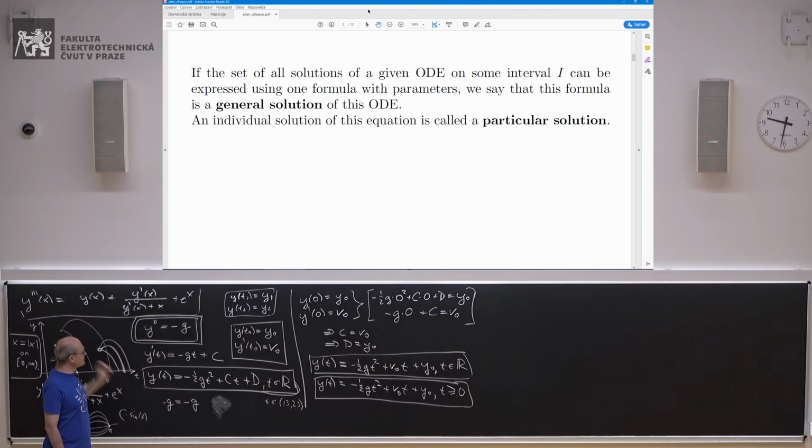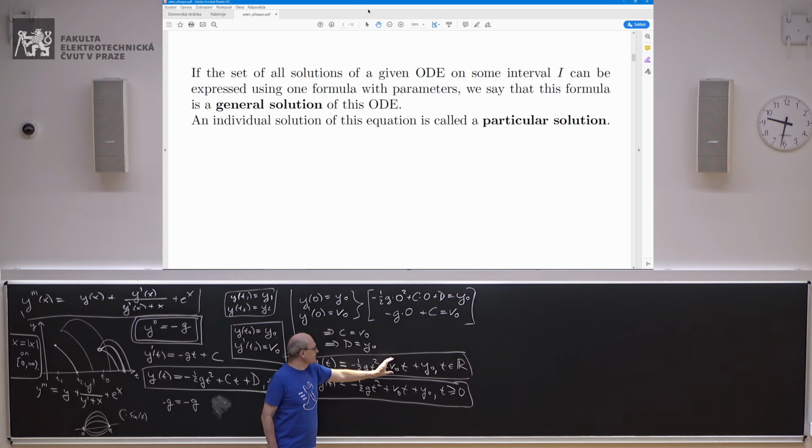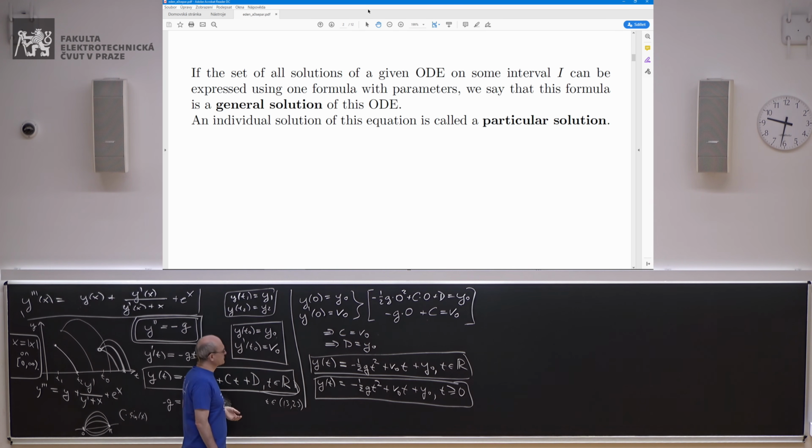This is probably the simplest differential equation you can think of. Other differential equations are much tougher to solve, and sometimes you are lucky if you look at the solution, you work for 2 days, and you get one specific solution. So there are other ways to get a particular solution, not through this general one, but then your situation is much worse because you don't have a general overview of the situation.